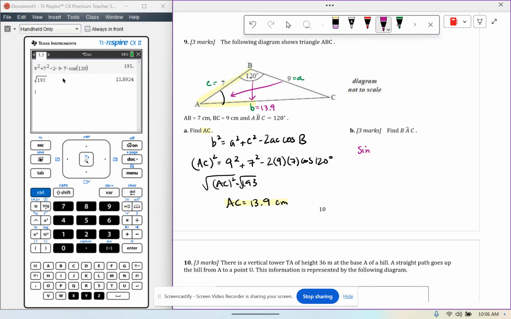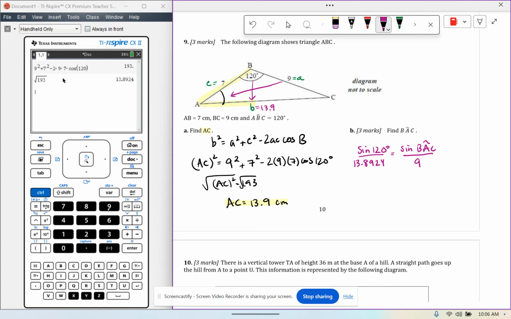So I have the sine of 120 goes with 13.9. Let's use the unrounded version, though, because I want this to be as exact as possible. It's still up in my calculator, so I'm just going to copy it off my calculator, 13.8924. And then the sine of BAC goes with the side length of 9.